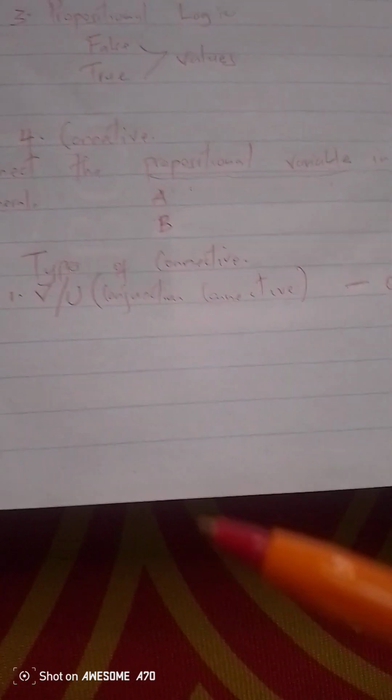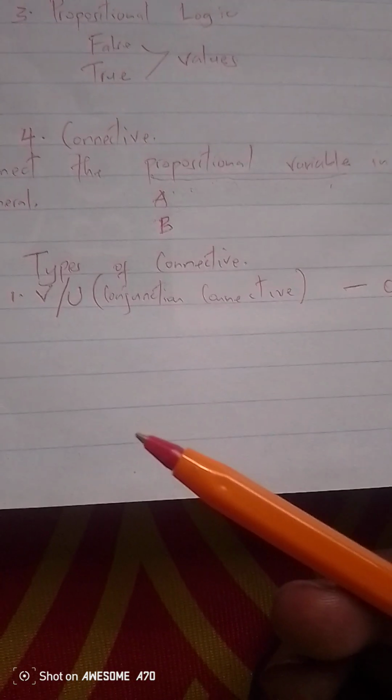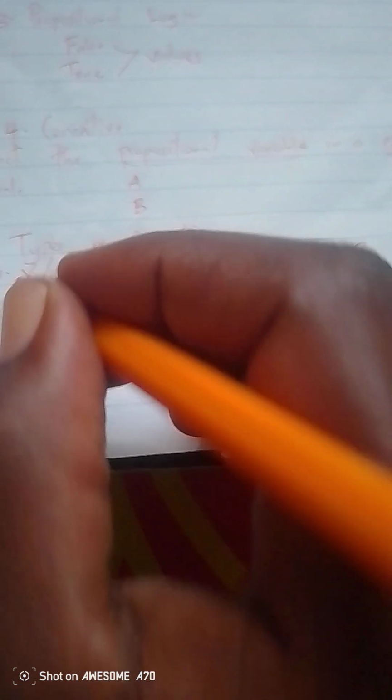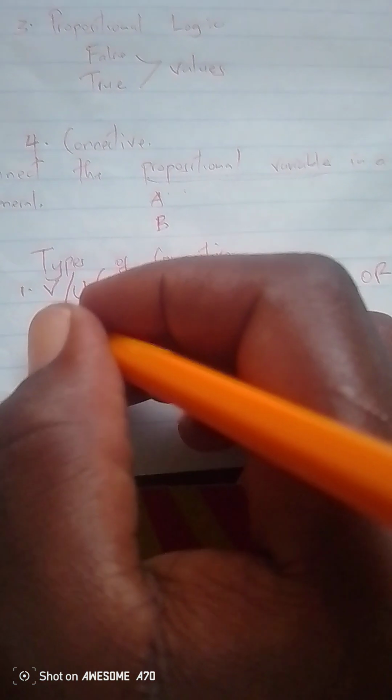For example, when we bring two examples like this. We have example 1. Let us use the propositional variables A and B, because we want to join them.